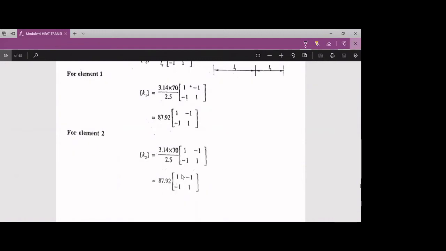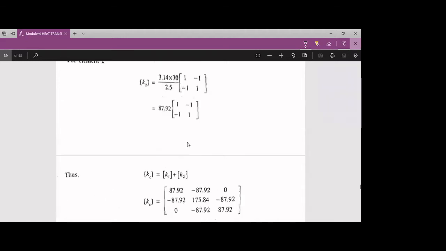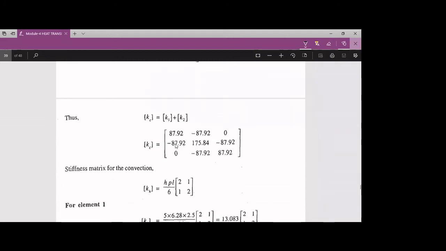Here 2-2 is the combination in both, so the 2-2 entries overlap and their values are added: 87.92 plus 87.92 gives 175.84 at this particular location. The starting value remains, and the remaining three values above and below stay the same. At the locations where there are no values, we keep 0.